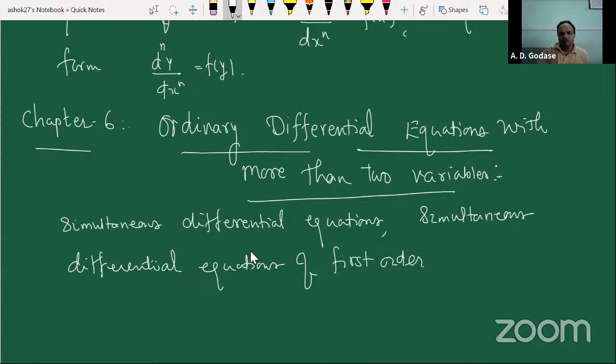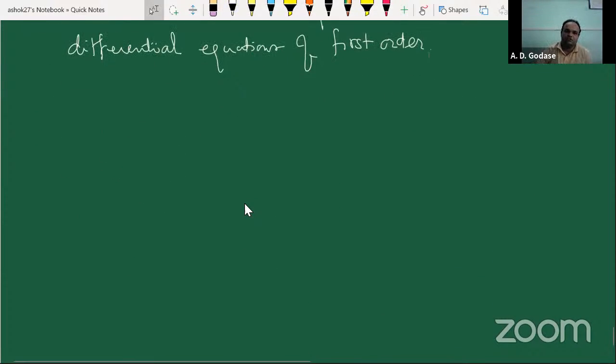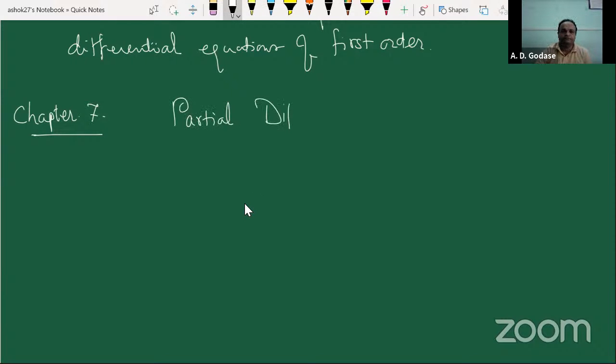So this is just chapter number 6, which is short. And the next chapter, that is chapter number 7, which is the last chapter: partial differential equations.